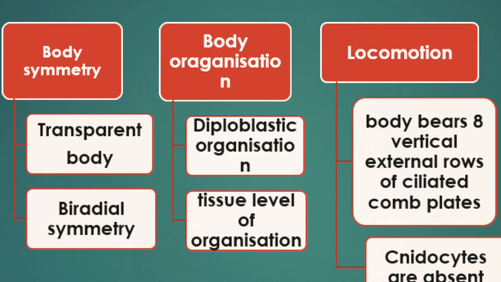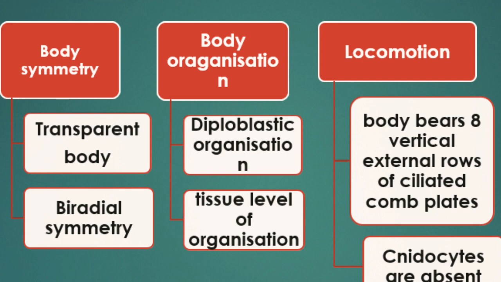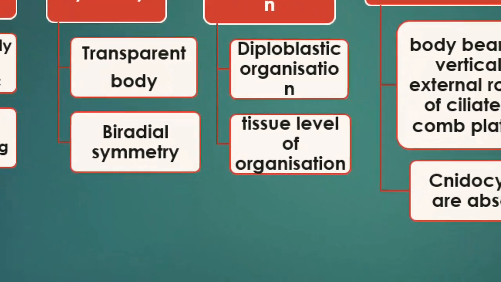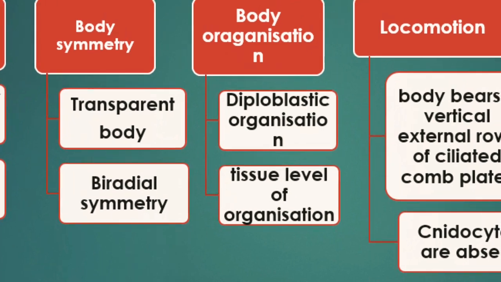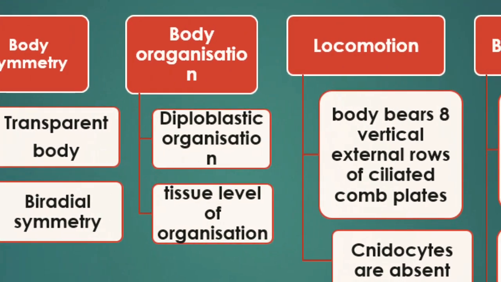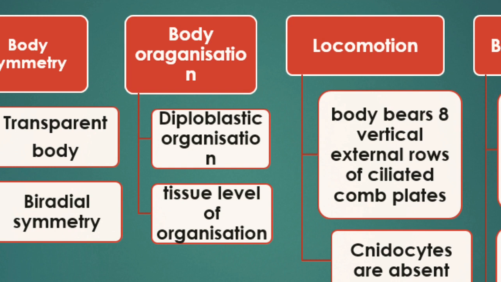And this mesoglea has amoebocyte cells, same as in cnidarians. One more point, they have a tissue level of organization, resembling the cnidarians. I told you ctenophora resembles the cnidarians in so many ways, so tissue level of organization is seen in cnidarians and here also.